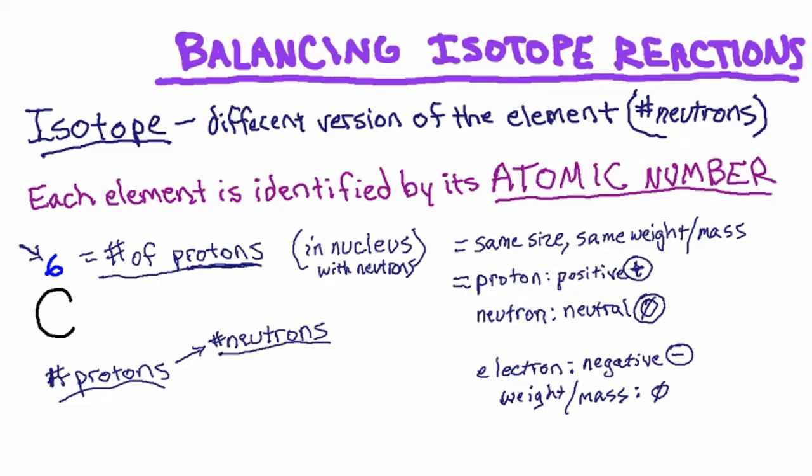Also, another thing about the number of protons in a normal element, as presented on the periodic table, is that the number of protons also equals the number of electrons. And remember, the electrons go around in those orbits outside of the nucleus. They orbit around the nucleus like planets around the sun.